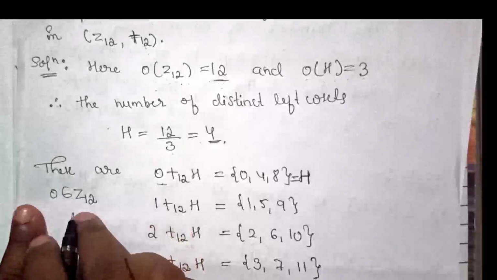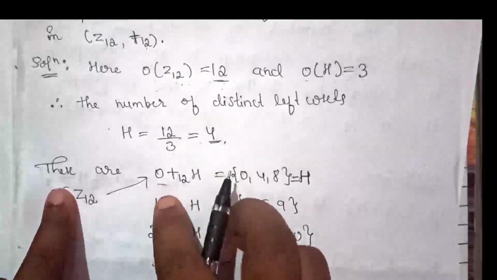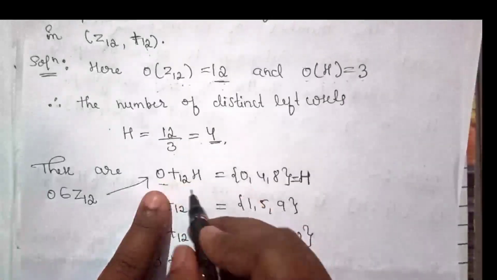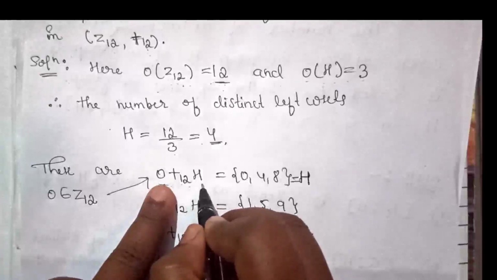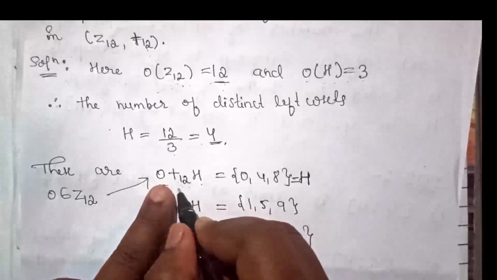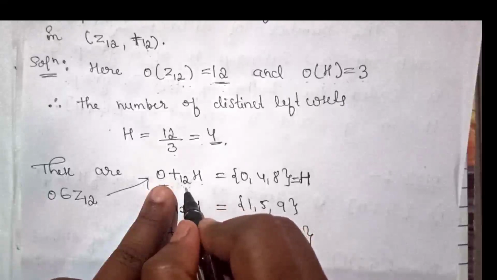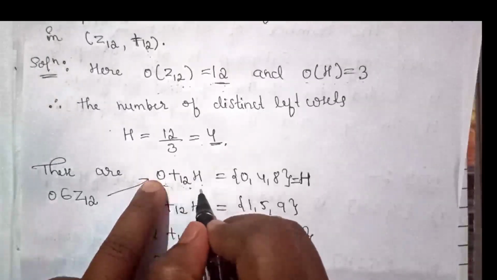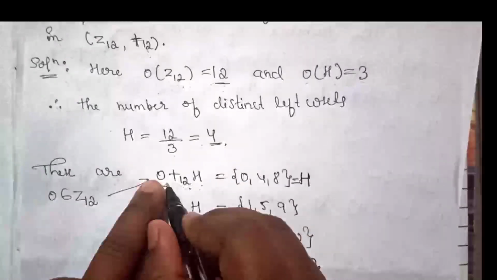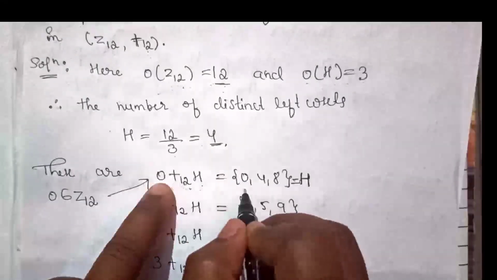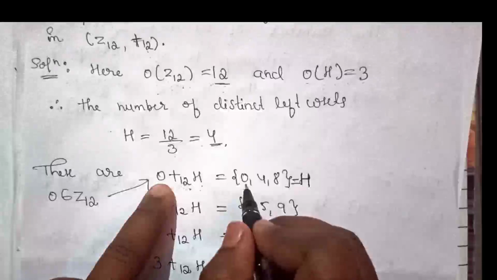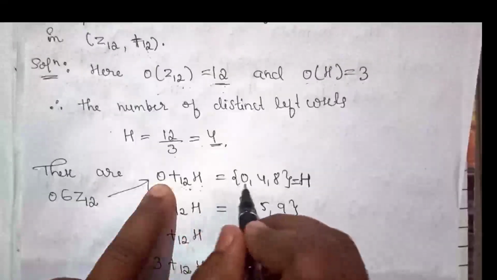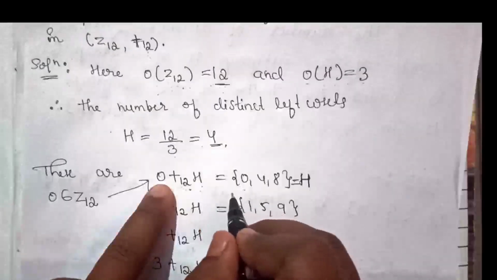Then the first coset will be 0 plus modulo 12 H. Plus modulo 12 means we have to add this 0 with all the elements of H, and we have to take the modulo of the given binary operation.